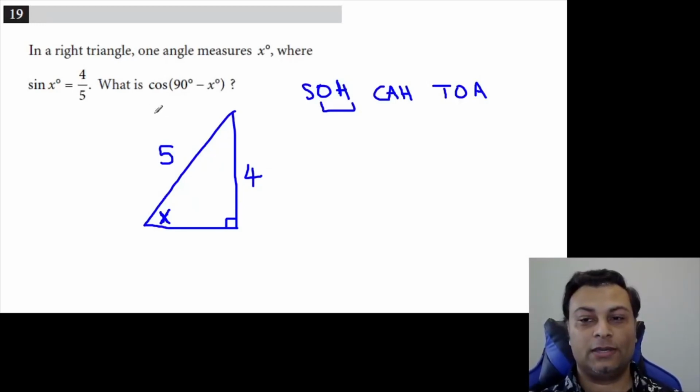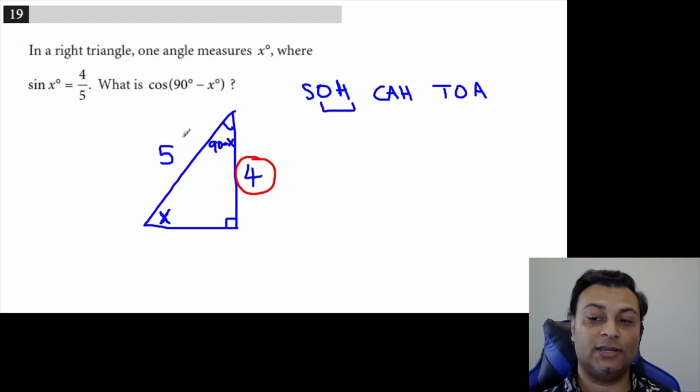Okay. Cosine of 90 minus x. One of these angles is 90 minus x. Well, in a right triangle, these two acute angles are complementary. They will sum to 90 degrees because this angle is 90, and you need 90 more to get to 180. So they sum to 90 degrees. These are complementary. If one of them is x, the other one is 90 minus x. This particular angle is 90 minus x. And when you do the cosine of 90 minus x, you're going to get adjacent over hypotenuse.